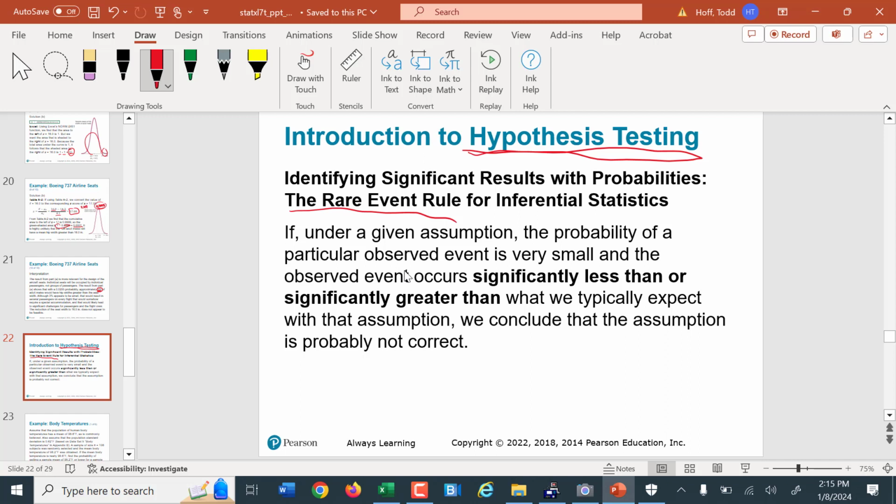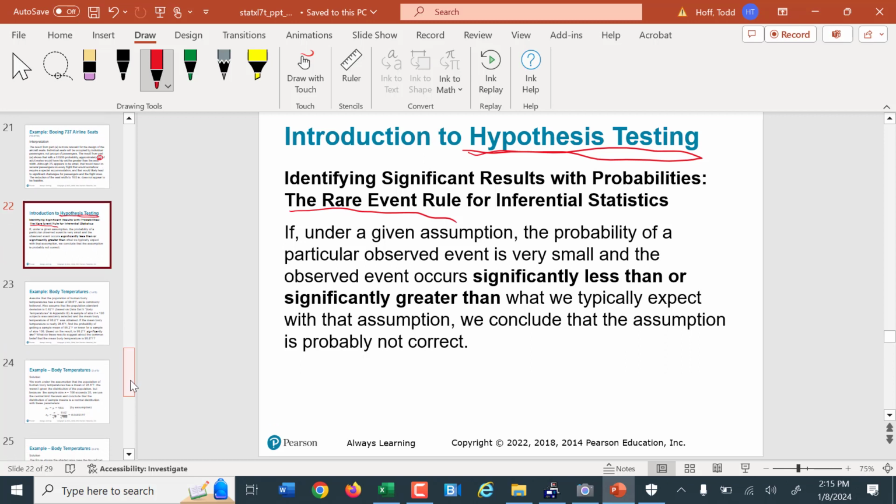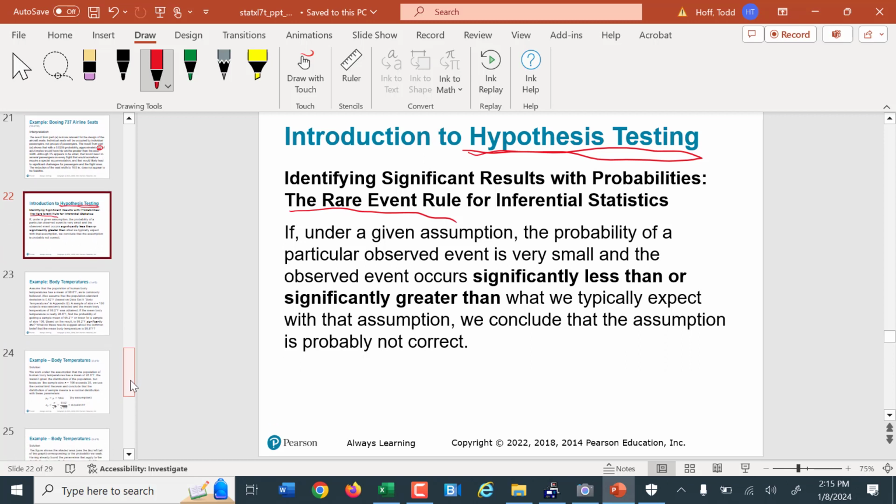If we make that assumption and we get a result that is either significantly higher or significantly lower than what we expected, to the point where the probability of that happening is very, very small, then it's the assumption that was most likely incorrect. And there's only 2 possibilities there. Either the assumption was incorrect or we got a really, really weird, unusual sample. And so we assume that it was just the incorrect assumption rather than a very unlikely sample.